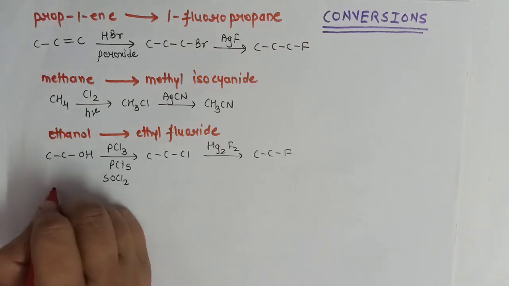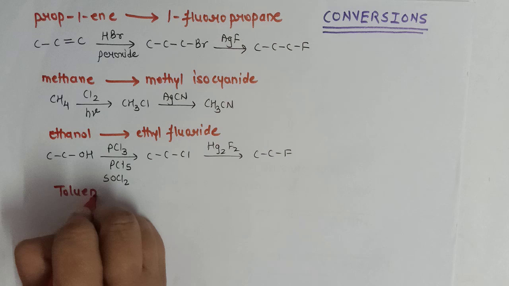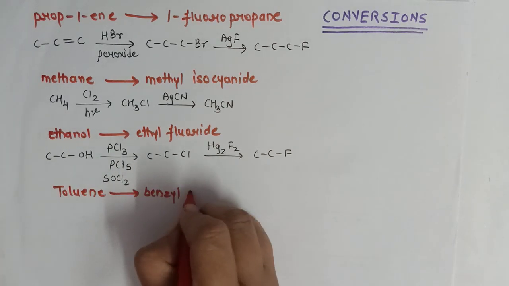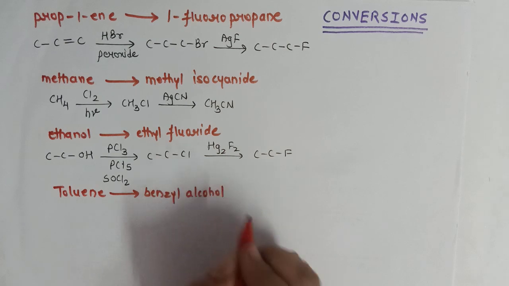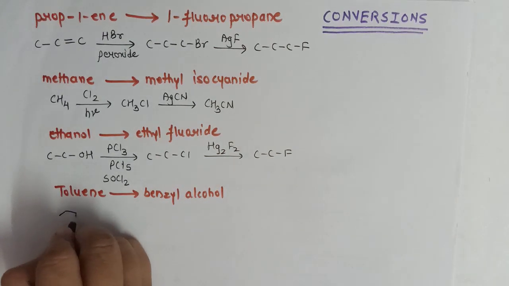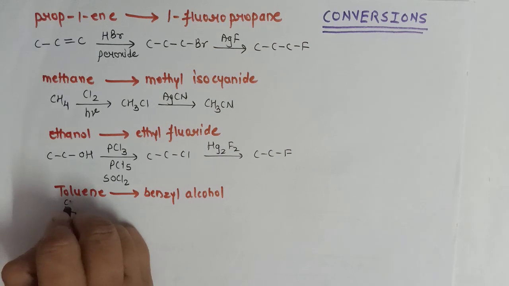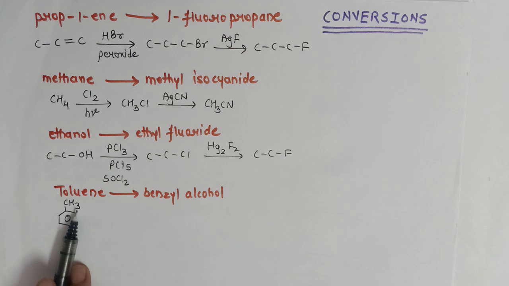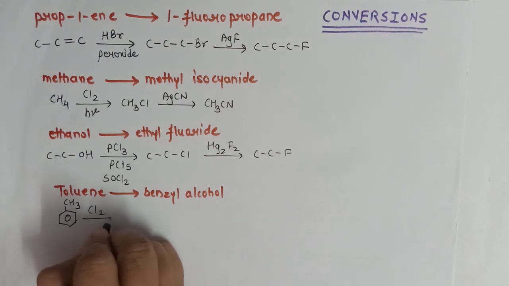Next is toluene to benzyl alcohol. This is a very interesting one. Benzyl alcohol means in place of CH3 we get CH2OH. Now we will carry out its halogenation.